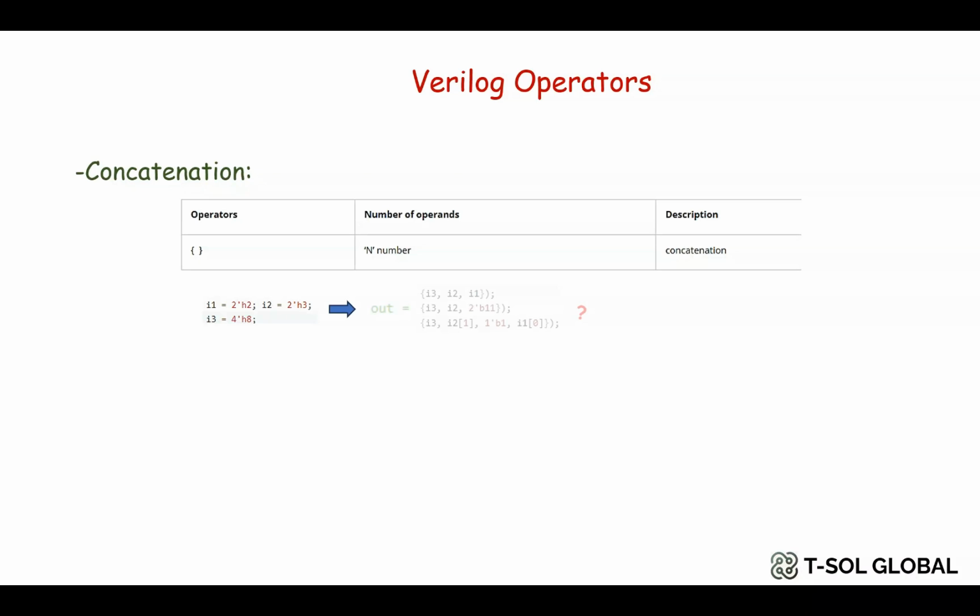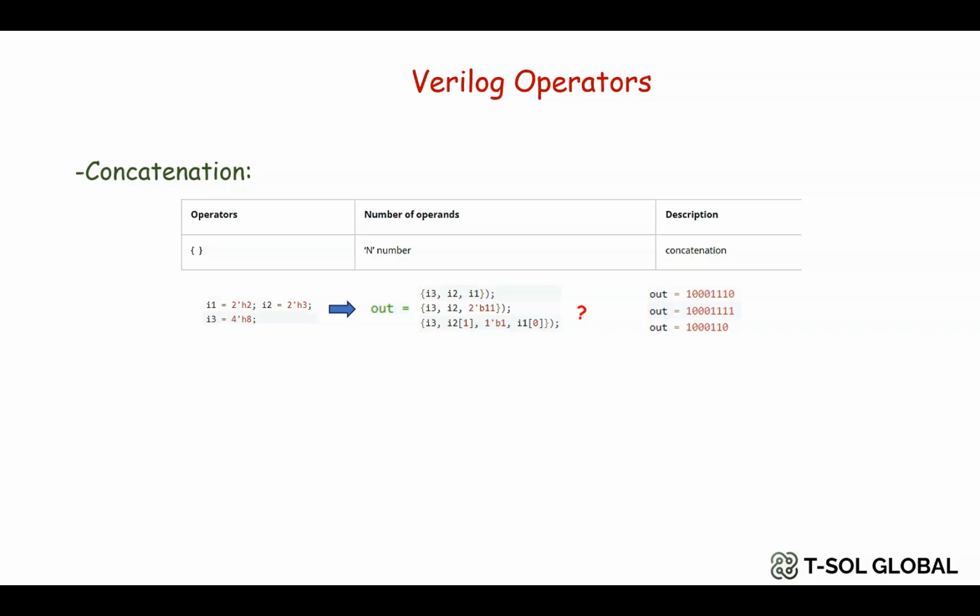We want to concatenate in this way. For example, we are looking at the concatenation of I3, I2, I1, or the concatenation of I3, I2, and the 2-bit binary 1, 1. The output will be like this.